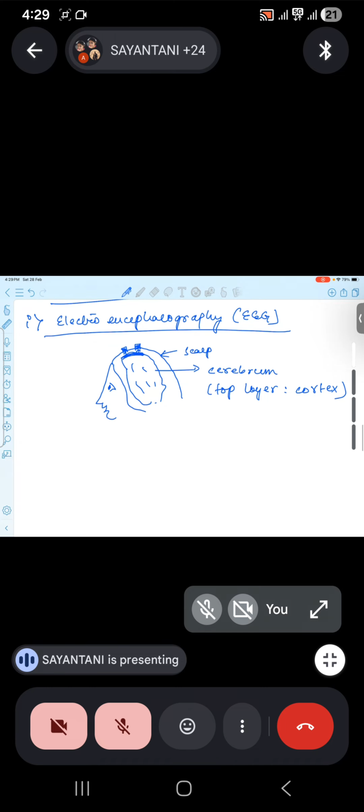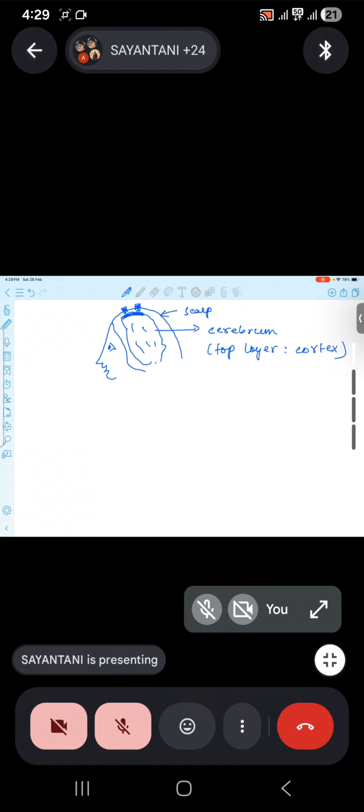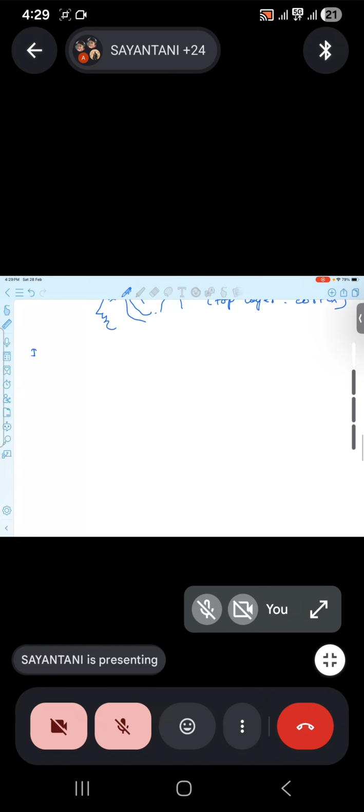In the case of EEG, the response we acquire is from the pyramidal cells placed inside the cortex. What do I mean by that?